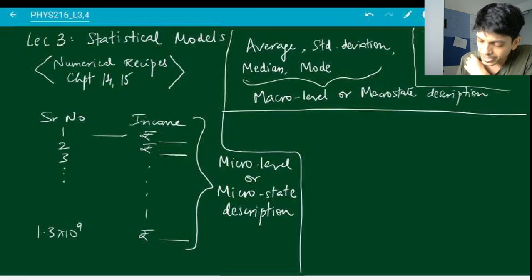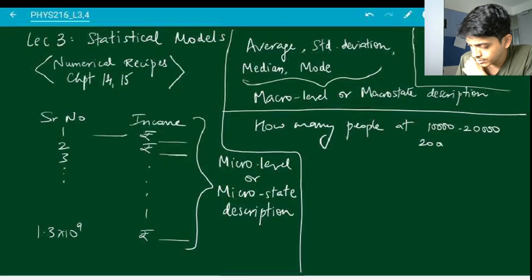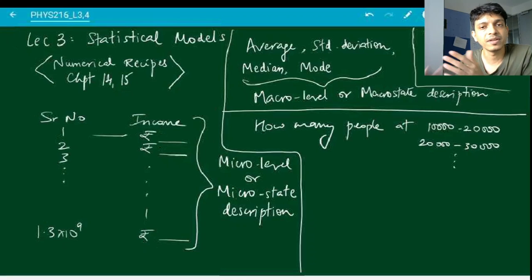So you can say how many people have income, let's say between 10,000 and 20,000 rupees. How many have income between 20,000 and 30,000? And so on. So you have divided the whole range of possible incomes into individual bins, and you're counting the number of people in each bin.